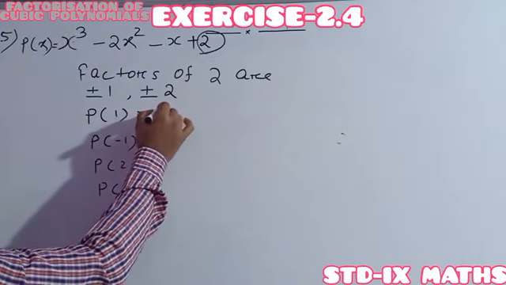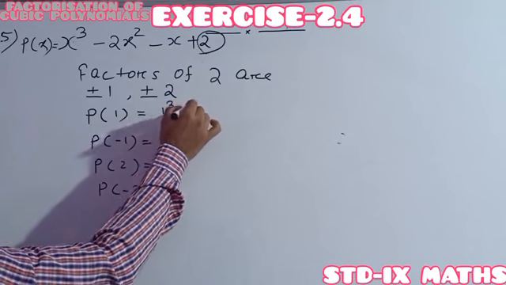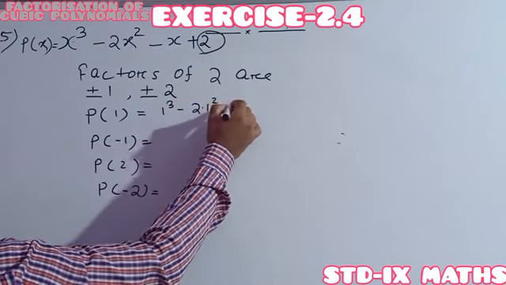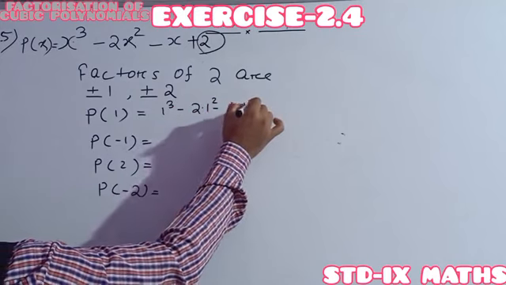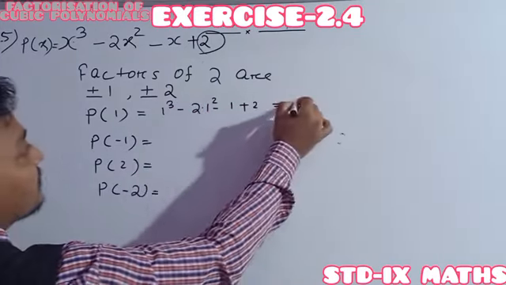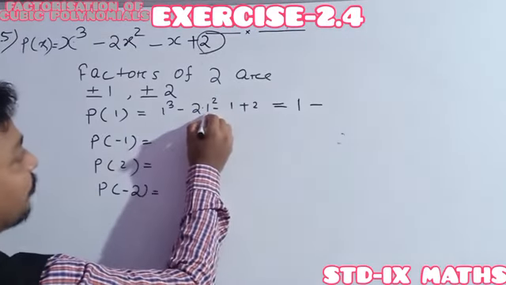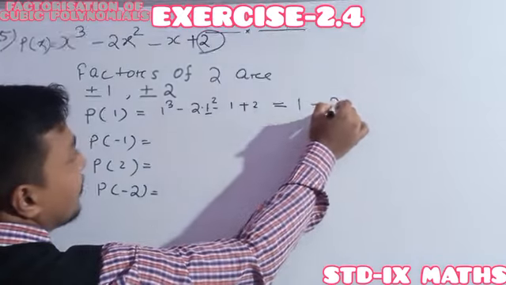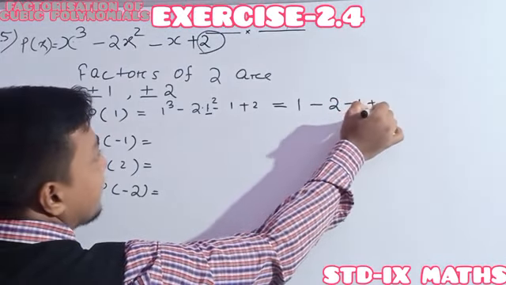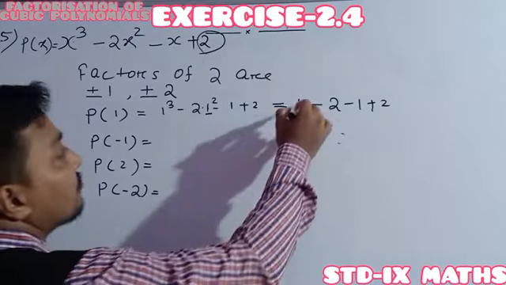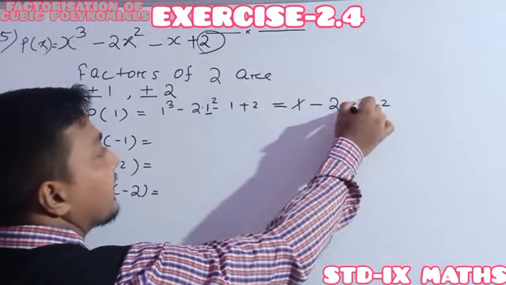So P(1) means 1 cubed minus 2 into 1 squared minus 1 plus 2. Whenever we open, 1 cubed means 1, minus 2 into 1 squared means 1, 2 into 1 equals minus 2, then minus 1, and here it is 2. See how much we are getting. Plus 1 and minus 1 cancel.